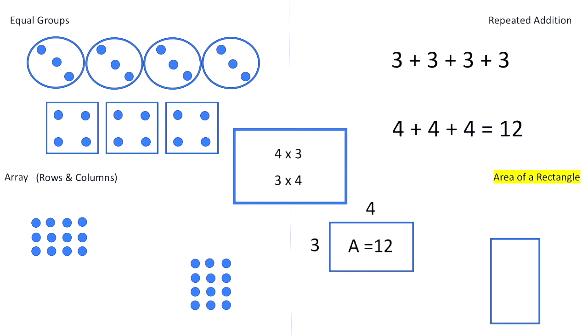Now I don't really care too much early on if my students are going to write A equals. What I'm mainly worried about is that they're recognizing that we have a length and a width that are defined, and we have an area, and we put that in the middle. Same thing's going to go for our other rectangle. It has 4 rows and 3 columns, again, making a total of 12 dots as an area.